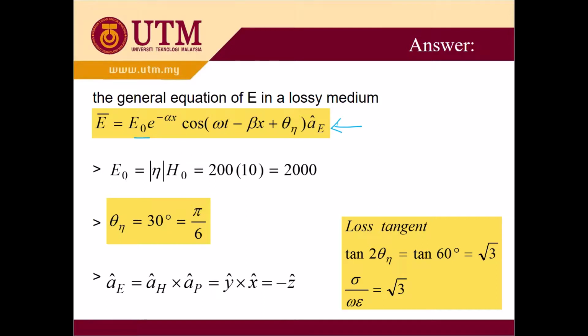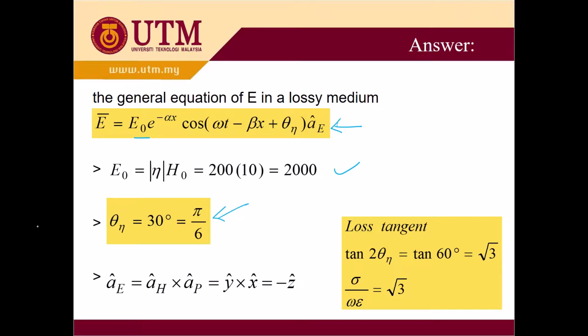The E naught is basically equal to the magnitude of intrinsic impedance multiplied by H naught, equal to 200 multiplied by 10, so we get 2000. And then the theta n from the equation is 30 degrees. In terms of radian it is equal to pi over 6. You have to change to radian for calculation. Pi over 6 is equal to 30 degrees.